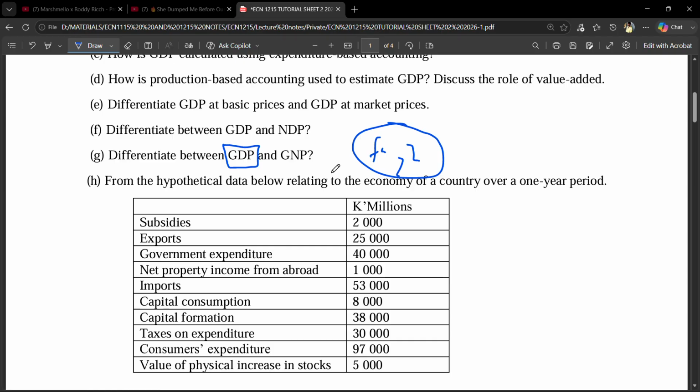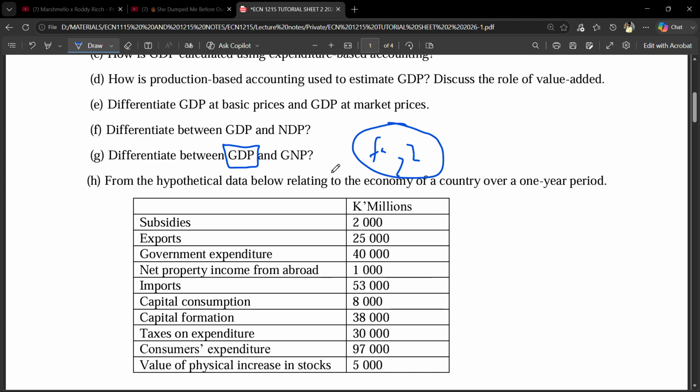Then GNP simply calculates the income that is produced by the residents of a certain country.